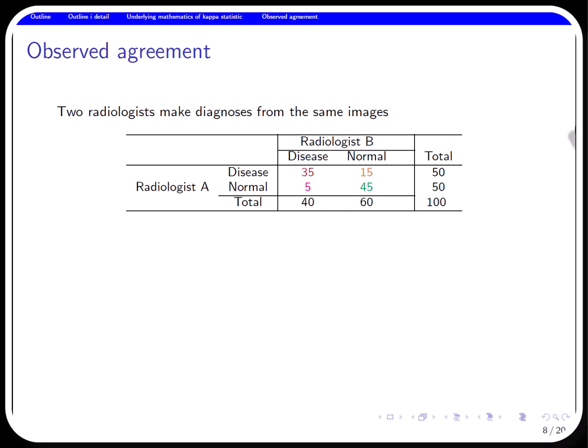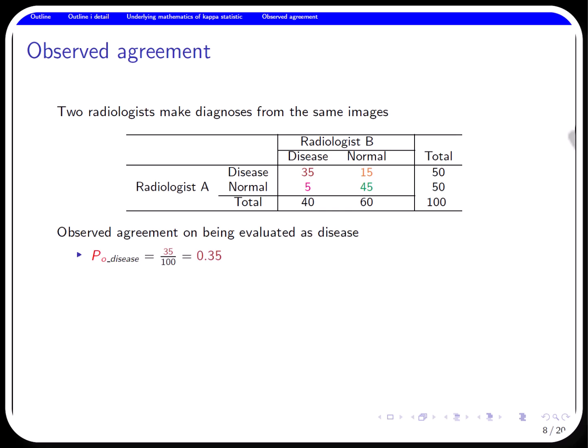However, 15 images were evaluated as disease by radiologist A, but were evaluated as normal by radiologist B. 5 images were evaluated as normal by radiologist A, but were evaluated as disease by radiologist B.